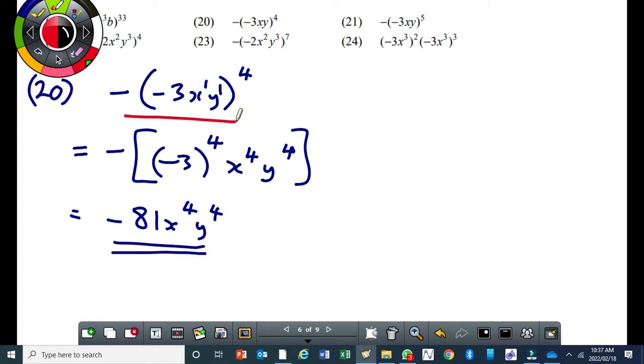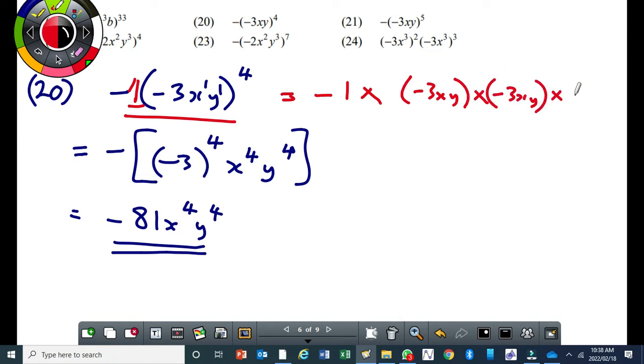It means you are multiplying a minus 1 by minus 3xy to the power of 4. So it's like this: minus 1 times minus 3xy times minus 3xy times minus 3xy times minus 3xy.